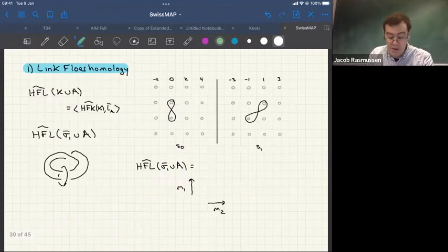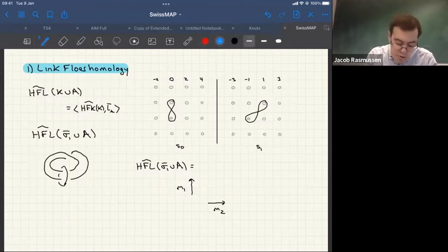Okay, so for example, say I want to compute the link Floer homology of this link. Well, what do I do? I pair with those same blue Lagrangians I was considering earlier. So here, every intersection point here is going to give me a generator of link Floer homology. And the position of the intersection points is going to tell me the kind of Alexander grading on the link Floer homology.